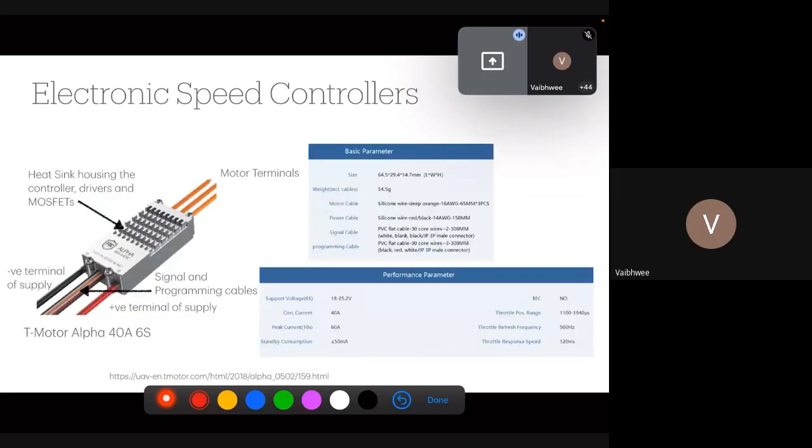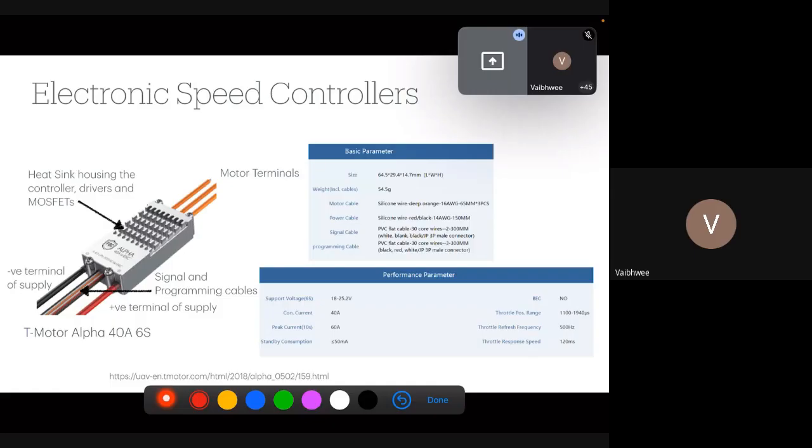Now these are interfaced with electronic speed controllers. This is again a T-Motor example that I have, and the electronic speed controllers have these specifications as shown. Basically, what is the voltage level that can be applied, and whether it has a battery eliminator circuit with it or not. Meaning, can you tap 5 volts to 11 volts from it or not? What is the peak current that it can supply and for how much time?